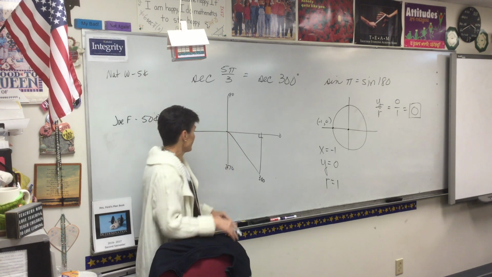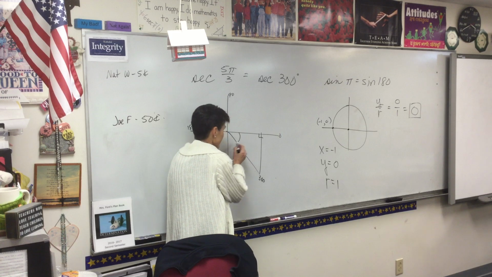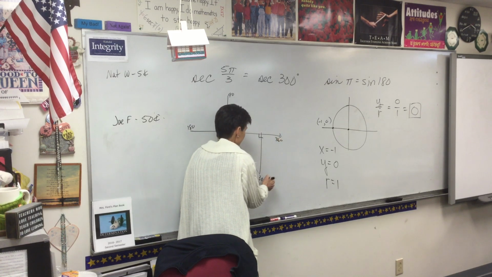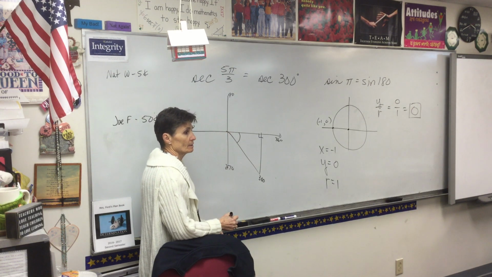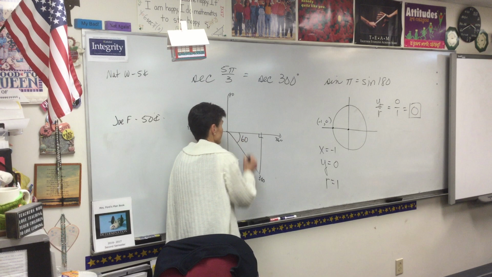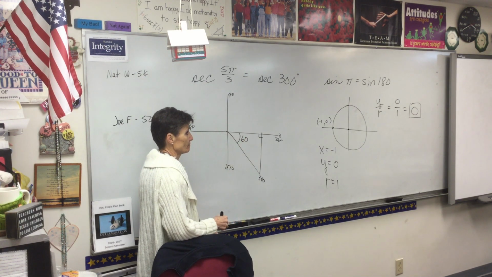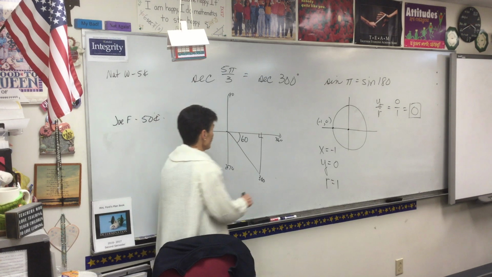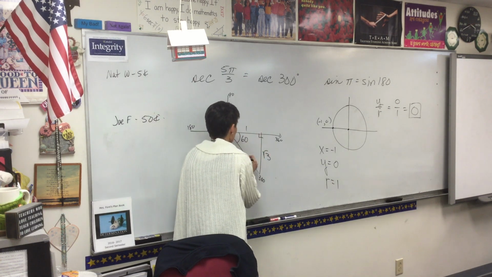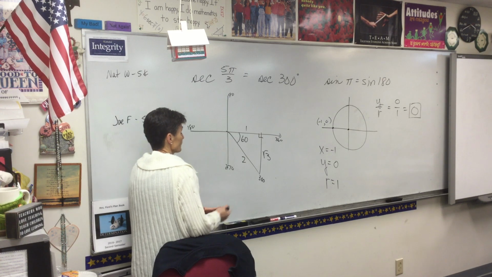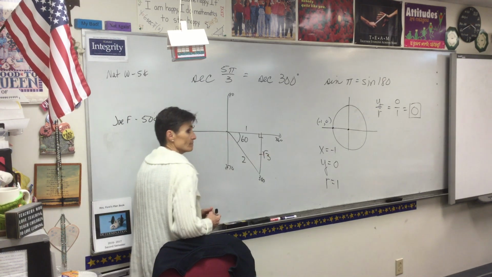Pay attention. This is the angle you want. It's the angle between 360 and 300. So how big is it? 60. So root 3, 1 and 2. Any negatives? Should be. I'm not in quadrant 1. Root 3 is negative.